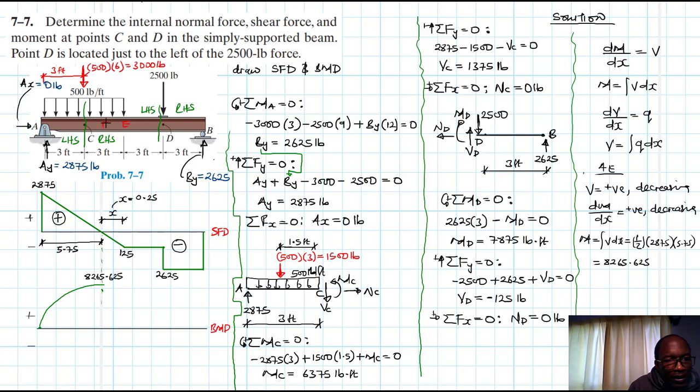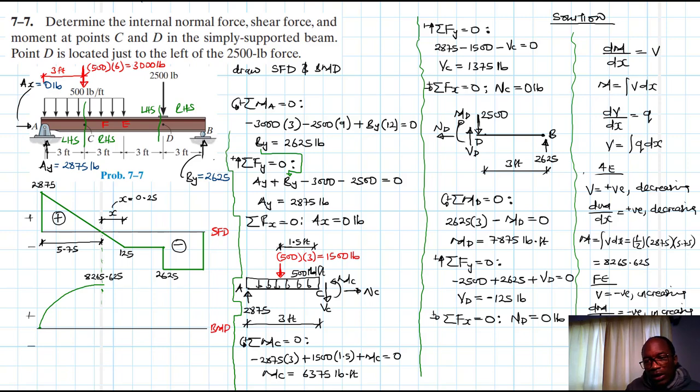Let's say the peak is somewhere there at F. So let's now continue from F to E. From F to E, V itself is negative and it is increasing. And the slope of our moment, dM/dx, is also going to be negative and increasing.